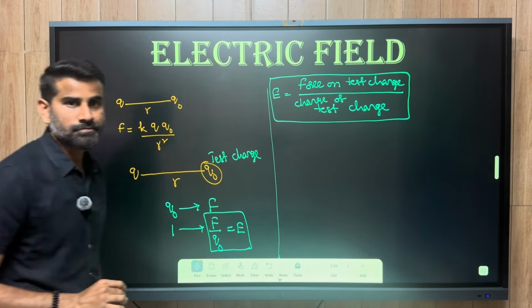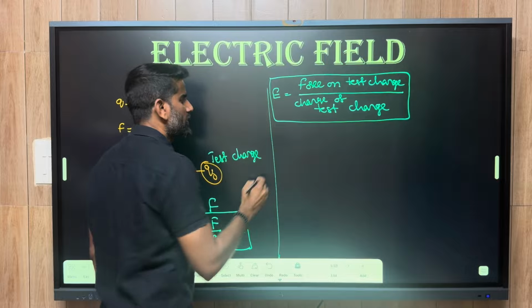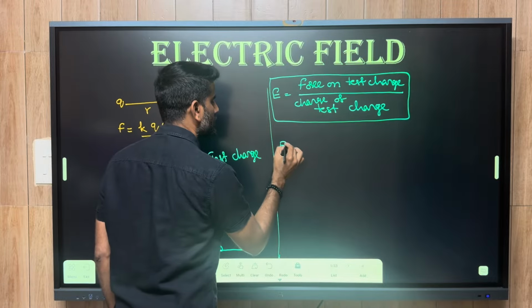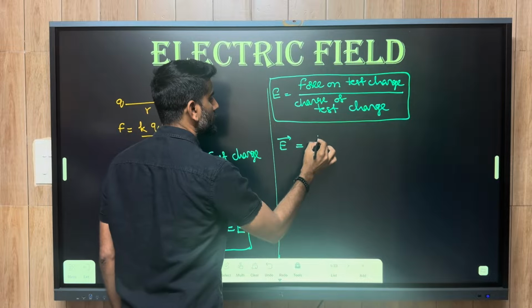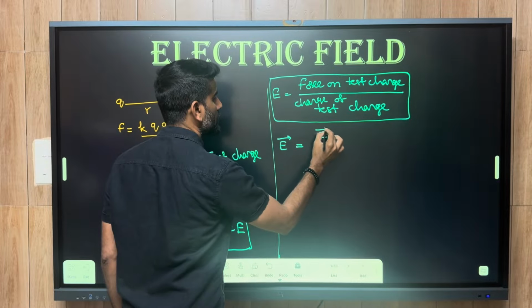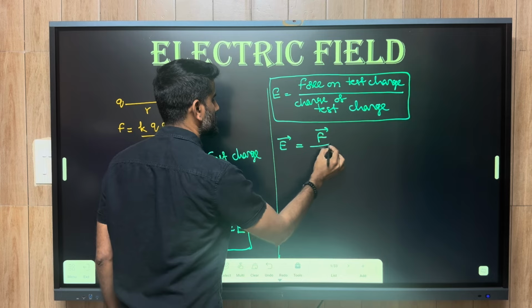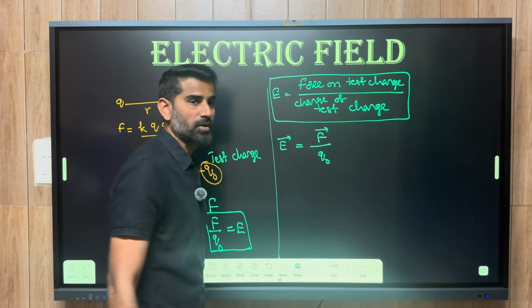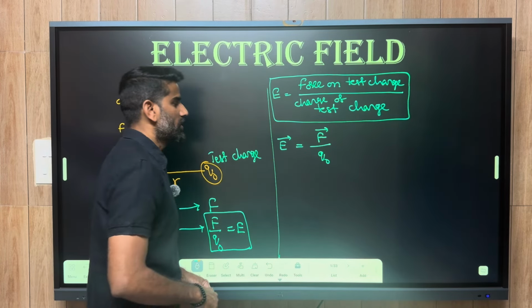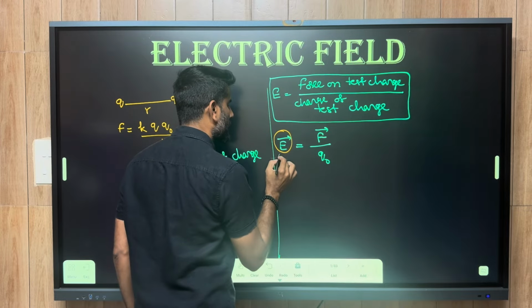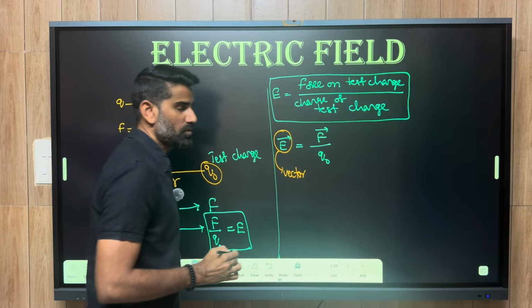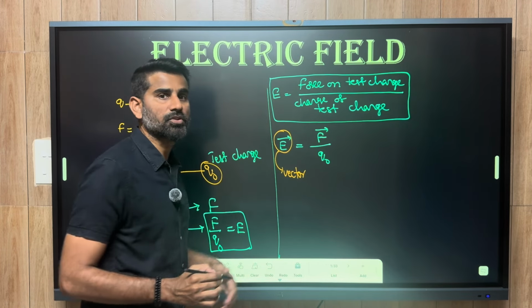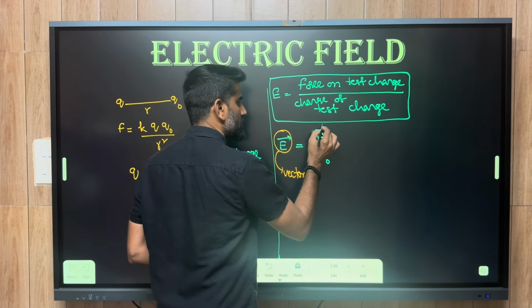Since the electric field is a vector quantity, I am going to write the vector representation as well. Electric field, a vector quantity, is equal to force, again a vector quantity, divided by charge. Charge is a scalar quantity. We are going to write the vector representation of the electric field in terms of charge and distance also.